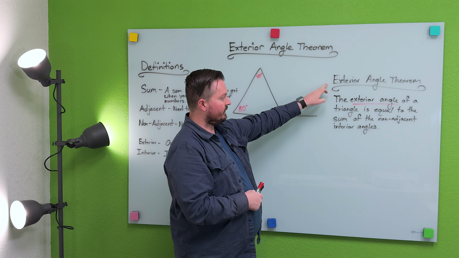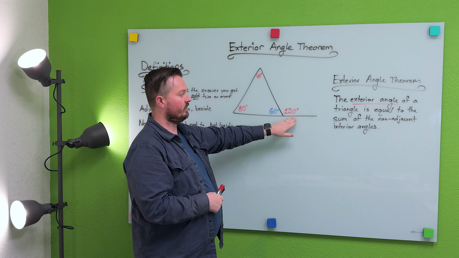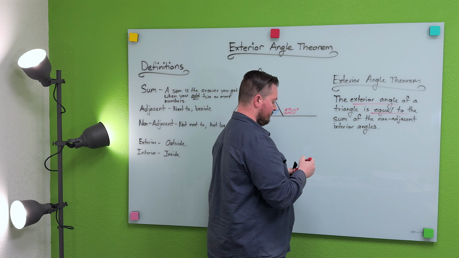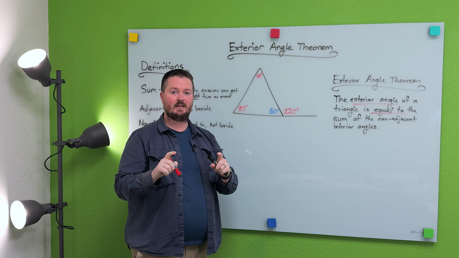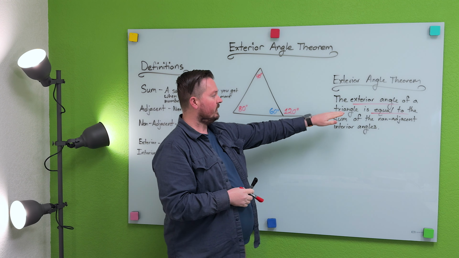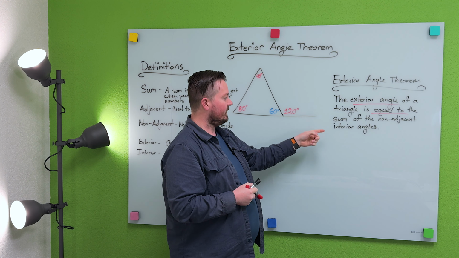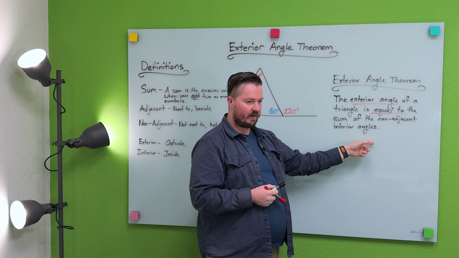So the exterior angle theorem says we're focusing on this exterior angle, and this angle is equal to. So recall, equal means is the same as. So this exterior angle is the same as the sum of the non-adjacent interior angles.